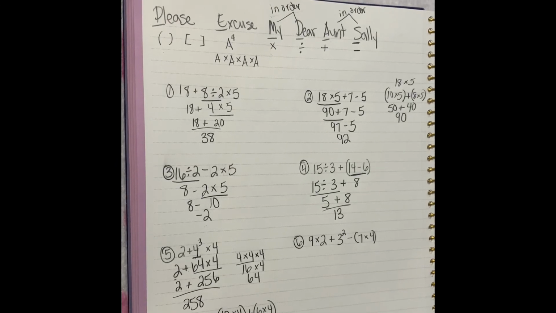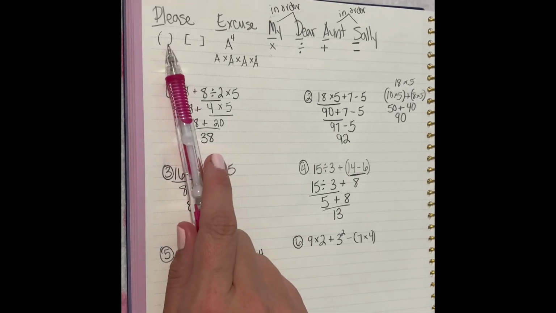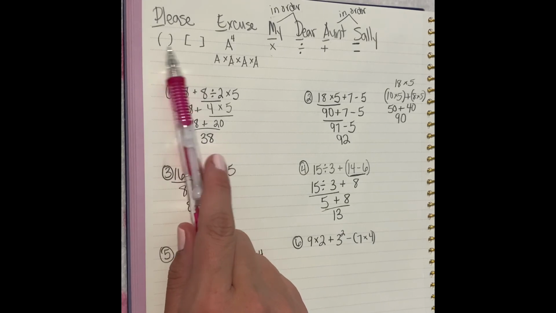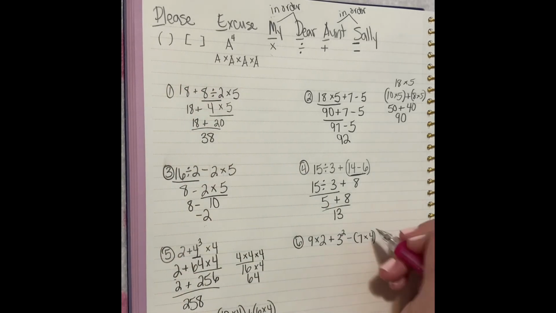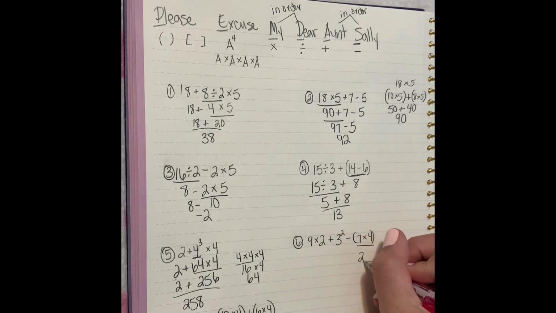Okay, number 6. I made this one super duper tricky. It's got a little bit of everything in it except division. We have an exponent, we have parentheses, we have subtraction, addition, multiplication. So let's look at our rules. P stands for parentheses, so of course parentheses will go first. 7 times 4 is 28.